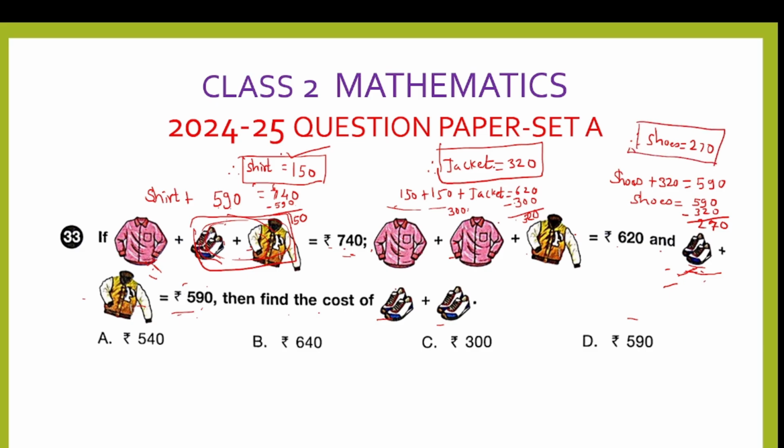Price for one pair, right? But the question is to find out the cost of two pairs. So what we have to do? We have to add 270 two times. So 270 times 2, that means 540 rupees. So the cost for these shoes is 540 rupees. So option A is the correct answer for the given question.